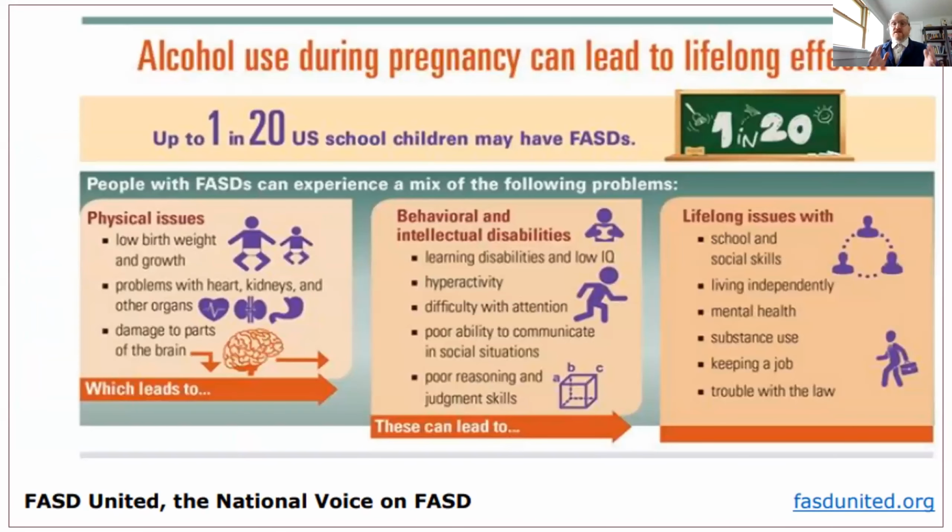The one substance that is teratogenic is alcohol. It's the leading cause of preventable intellectual disability in the United States. It's the one substance that's least likely to be positive in a drug test. And it's the one substance I think that we grossly underdiagnose and underaddress.